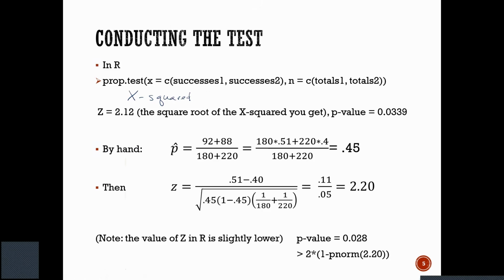That's how it's denoted. And to get the z, you have to take the square root of that. And then it also will give you the p-value, and the p-value is the same for the chi-squared and for the z. So the p-value it gives you is 0.0339. That is less than 0.05, and so we would be likely to say the groups are significantly different.